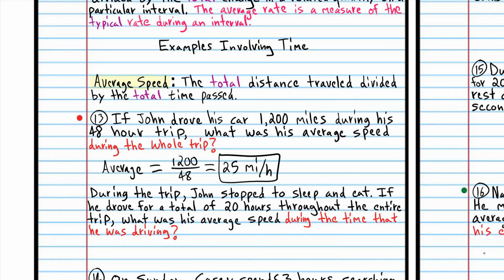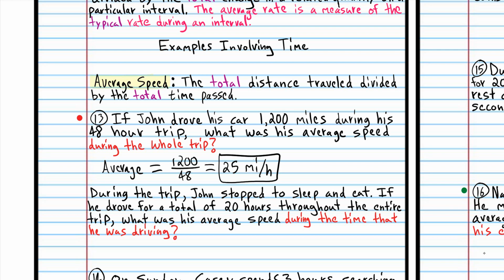Now, the problem with this is that John was not going at the same speed for the entire trip. Was he? I mean, obviously not. He had to stop for gas, right? When he was putting gas in his car, he wasn't moving at all. His speed was 0. At some point, he had to stop and get gas, and that required him to slow down.